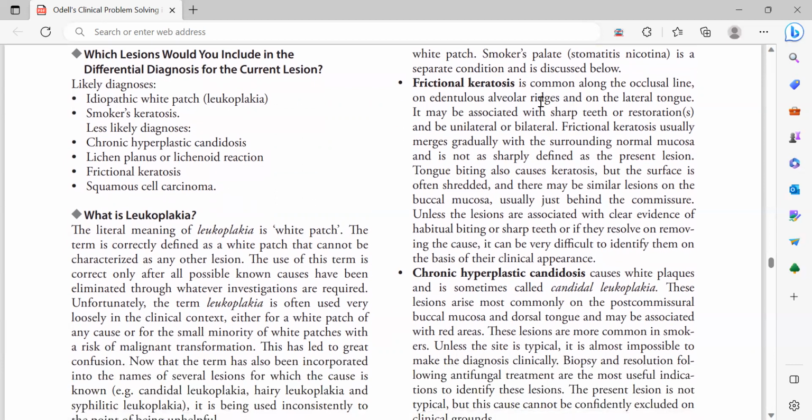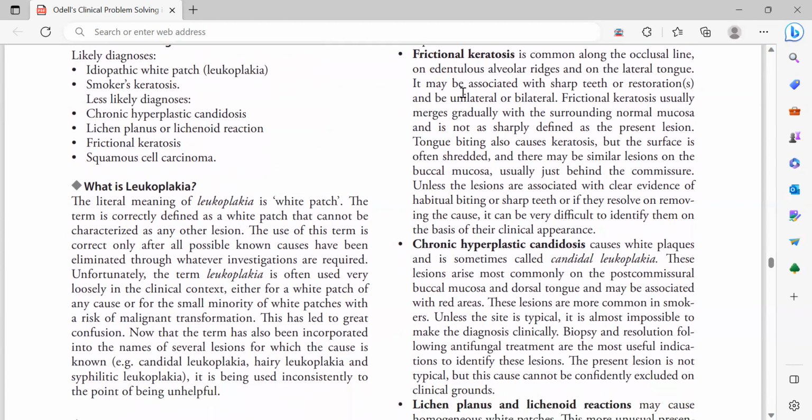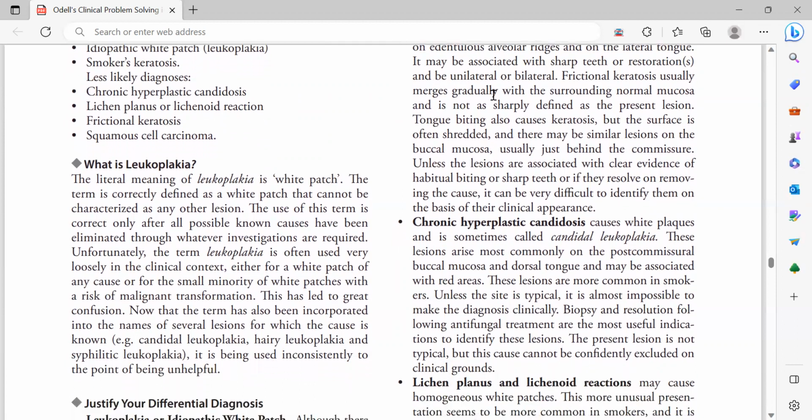Then the frictional keratosis, it is also common, but it happens along the occlusal line, on even edentulous alveolar ridge and on the lateral tongue. It may be associated with sharp teeth or restorations and be unilateral or bilateral.